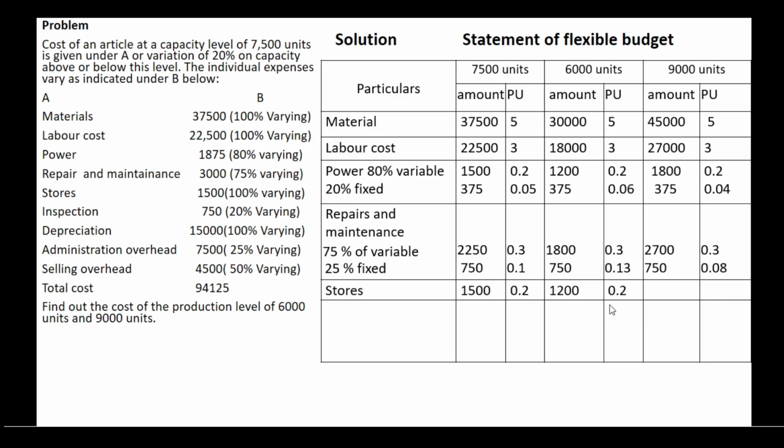So this 0.2 is multiplied with the 6000 units. So now the amount is 1200. For the 9000 units, here also the cost per unit is 0.2. So the 0.2 is multiplied with the 9000 units. So now the amount is 1800.